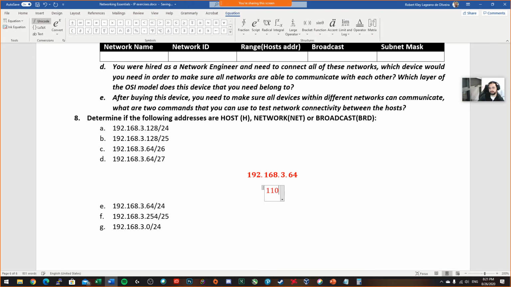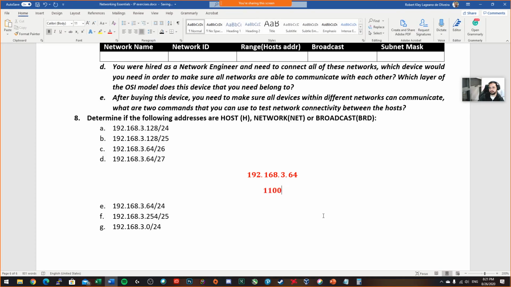So it's 1100 4 zeros. And then it's 1010 1000. And 3. 3 is 4 zeros, 0011. 64 is 0100 4 zeros.